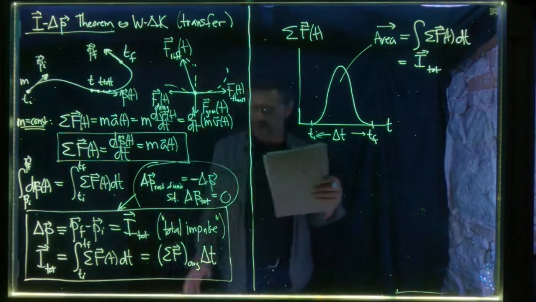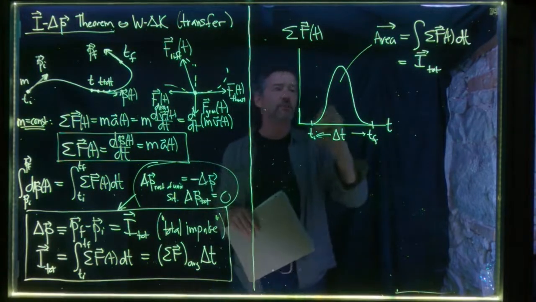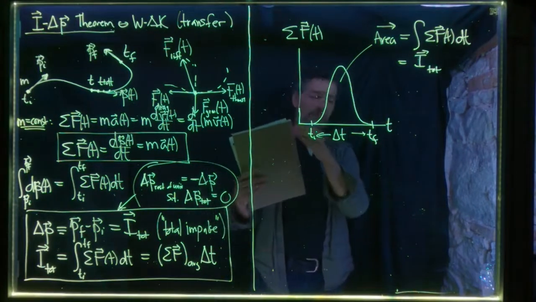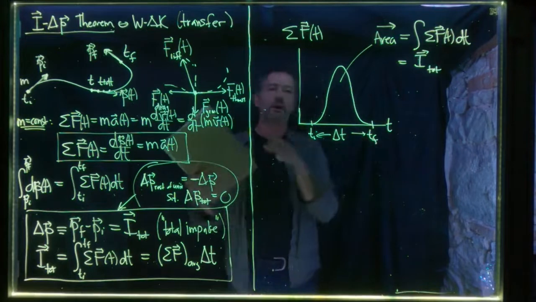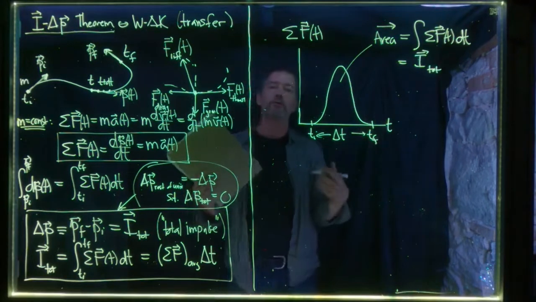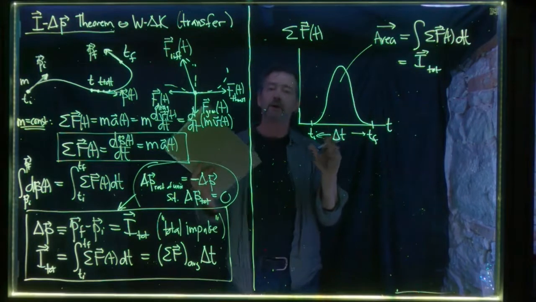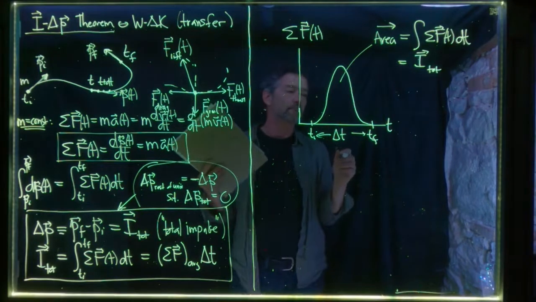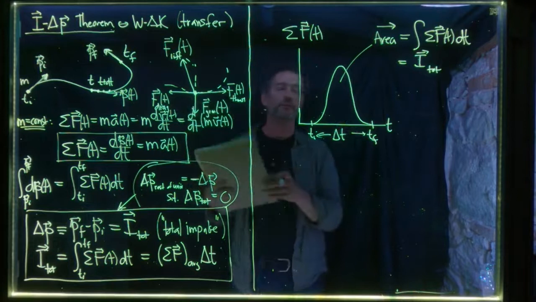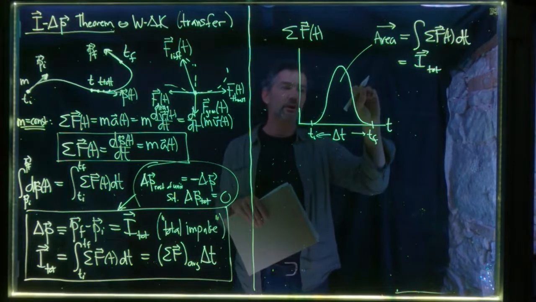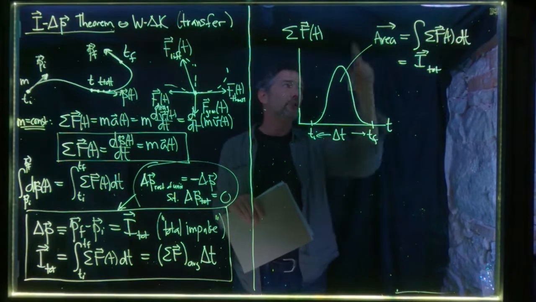So that idea is we say, rather than having this complicated time-dependent force acting over time from t initial to t final and imparting that momentum, what is an equivalent constant force that would transfer the same amount of momentum to the object? We want the force to be constant, so it has to just be a straight line, and we're talking about area.